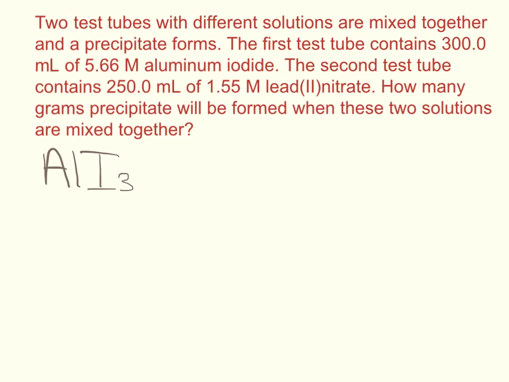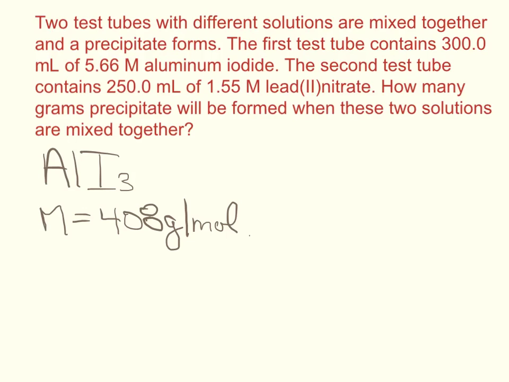And I always like to calculate the molar mass of something that I'm going to calculate the mass of at the very beginning. So if we're going to calculate the molar mass of this, it's 1 aluminum plus 3 iodines. So the molar mass of this is 408 grams per mole.